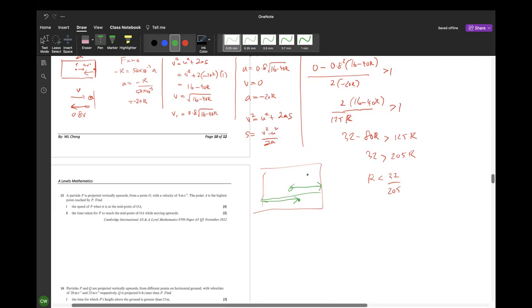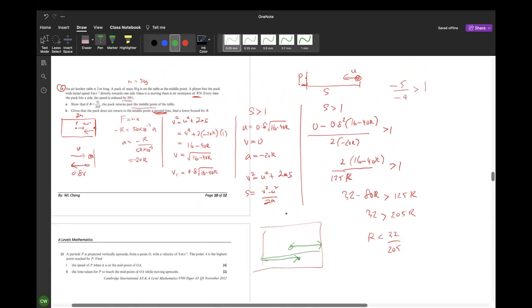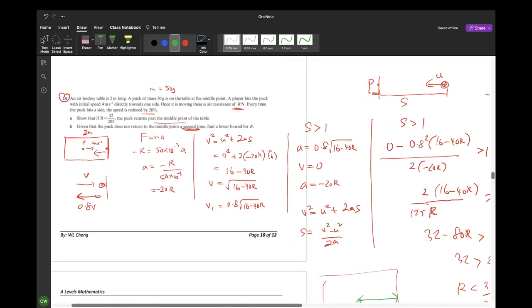So at here, this is the speed. What is the speed after the hit for the second round? Hit one round, this is the speed. This one depends on the distance. Distance travelled is 2.